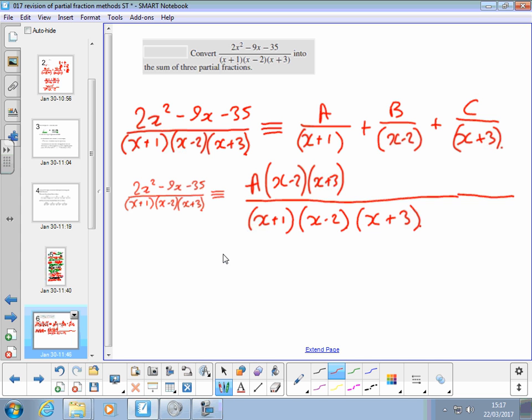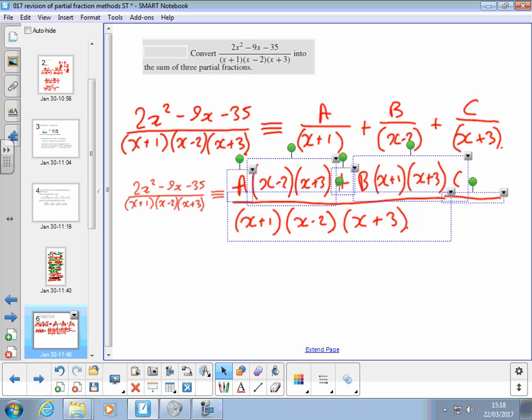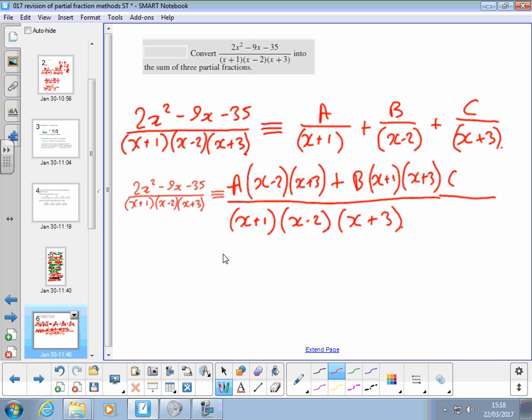B, I've had to multiply by x plus 1 and x plus 3, and C, still running out of space, by x plus 1, x minus 2. Yep, bit messy, I know.